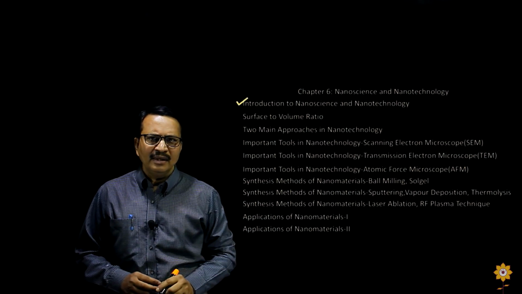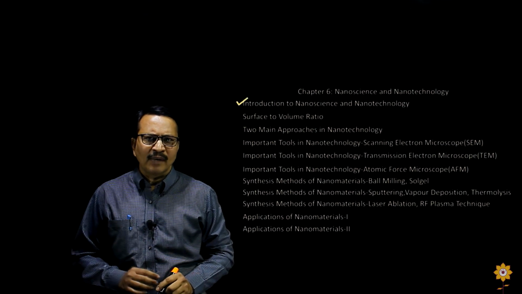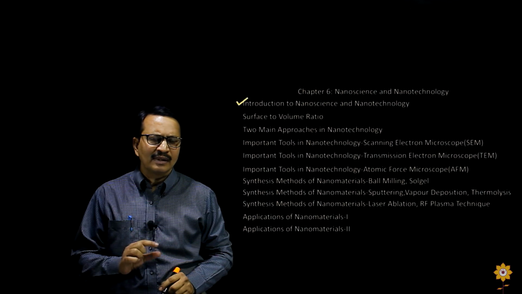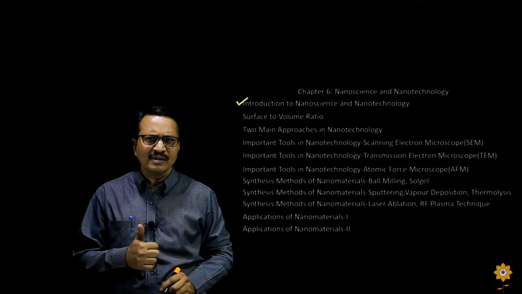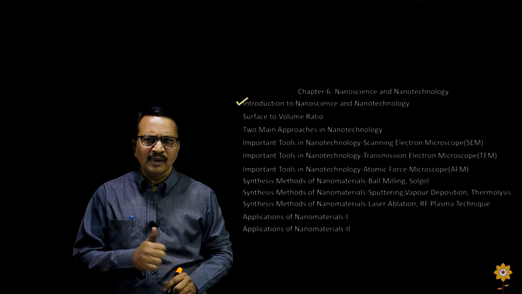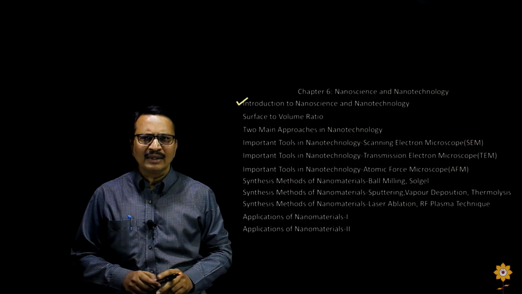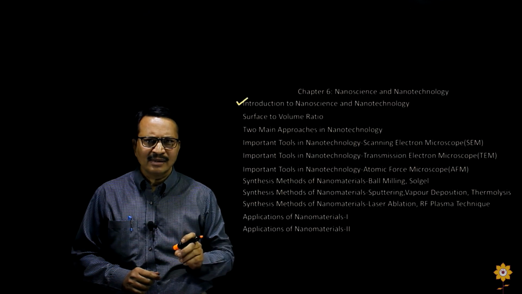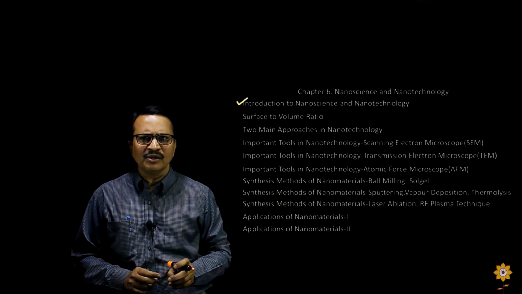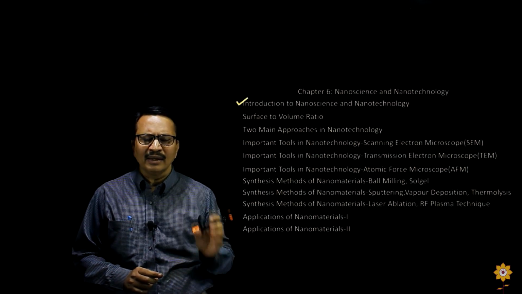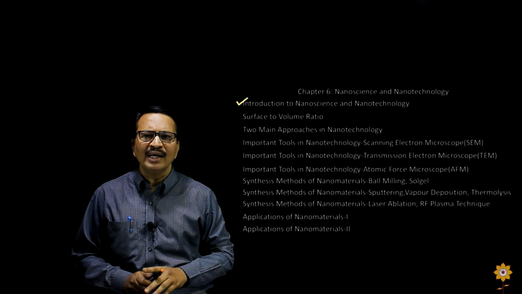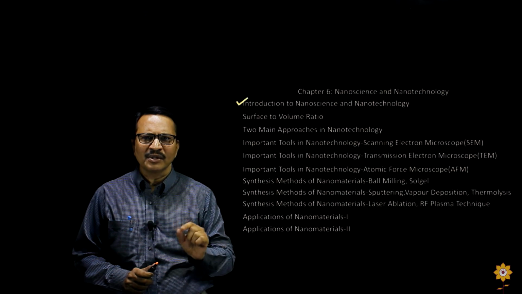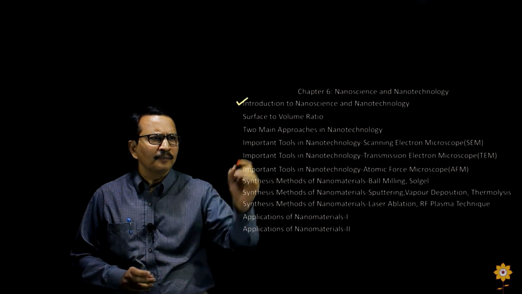Next, we studied the very important parameter of surface to volume ratio of two figures, the sphere and the cube. And we came to the conclusion that the S upon V ratio of a cube is 6 as compared to the S upon V ratio for a sphere, making the cube a very likely candidate for being the basic unit in the manufacture of nanomaterials.